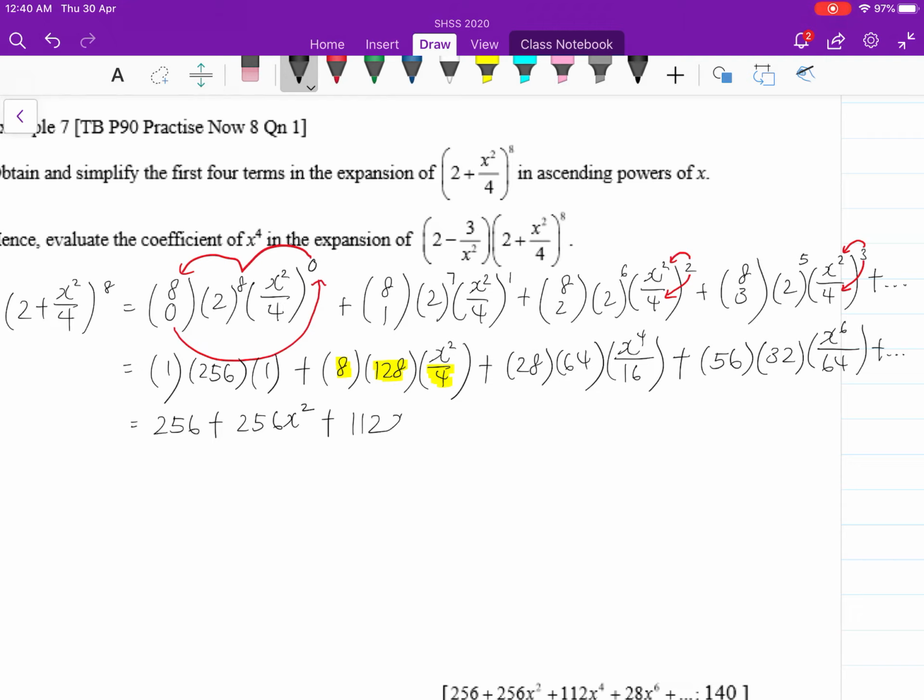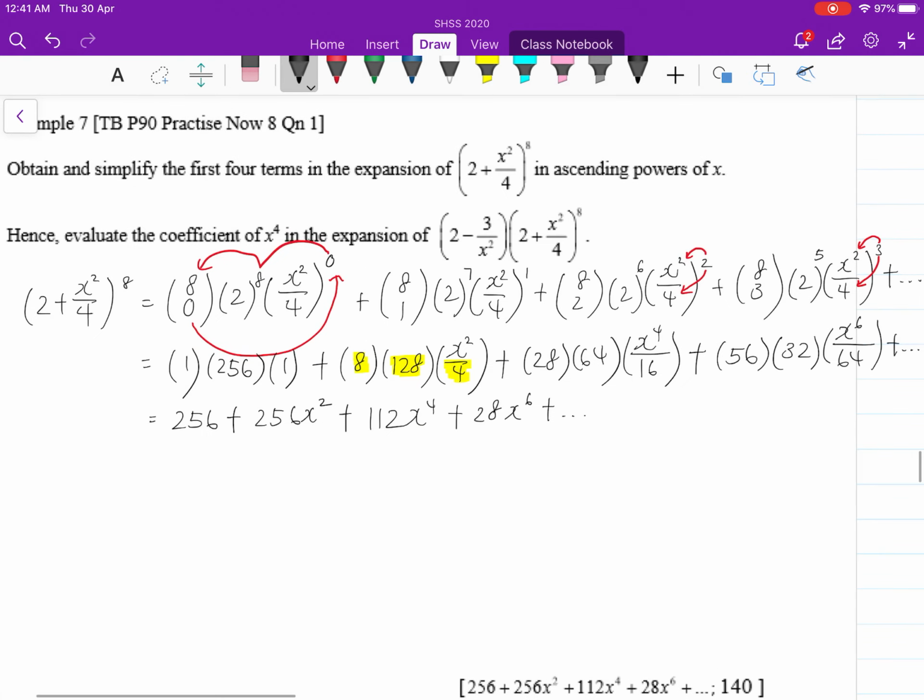Don't forget to put the x to the power of 4. And lastly, 56 times 32, then times 1 over 64, which is plus 28x to the power of 6, plus dot dot dot. Now, you should be able to expand this by now.